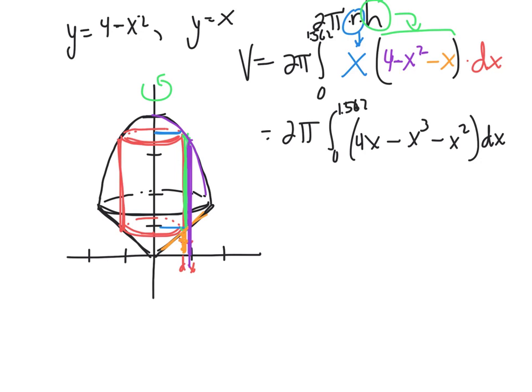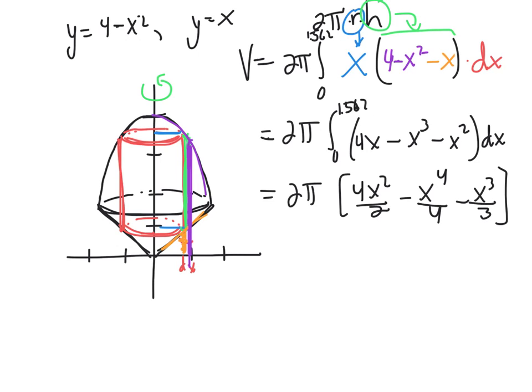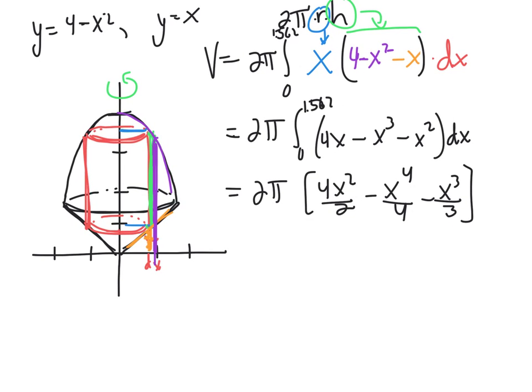And I'm going to now integrate. 2 pi times 4x squared over 2 minus x to the 4th over 4 minus x cubed over 3, integrating with respect to x from 0 to 1.562. I can simplify a little bit here: the 4 and 2 cancel, so I've got 2x squared. I think that's all I can do.